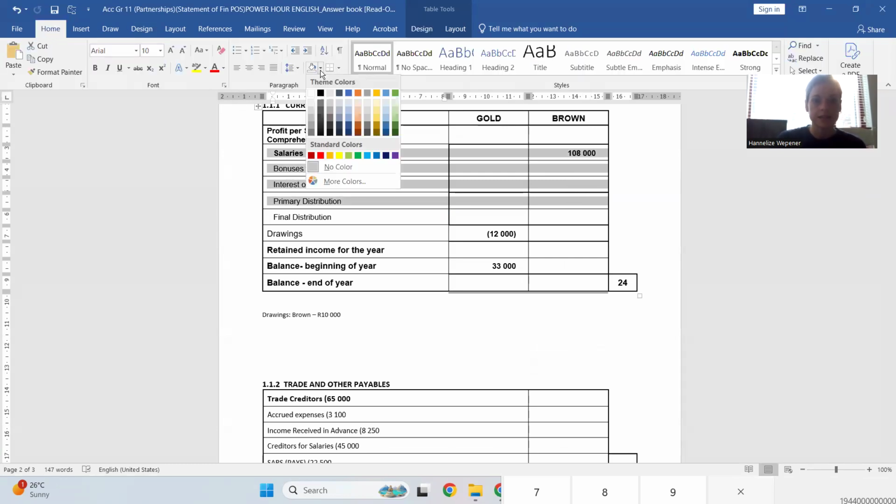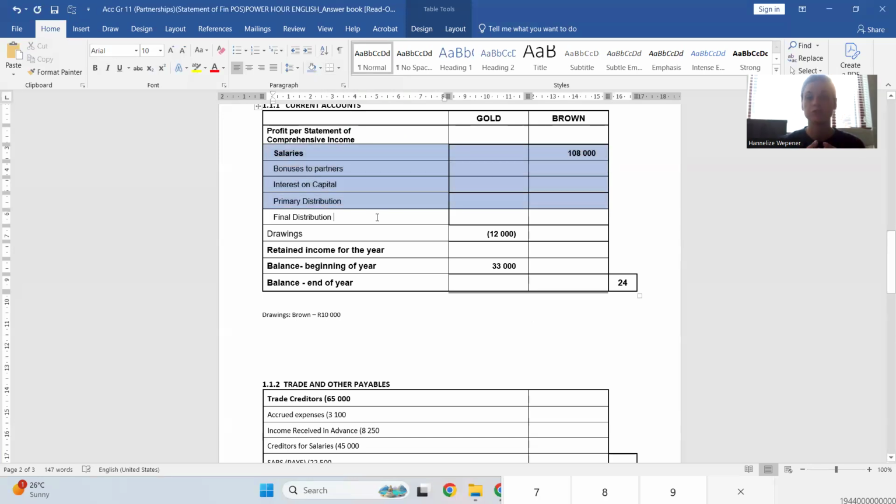So you are going to say that these are the amounts that I definitely have to distribute to my partners before I can give them their final distribution, which is then the ratio that they give you, or the amount according to their capital contribution. So primary is your starting point with the distribution of profits.